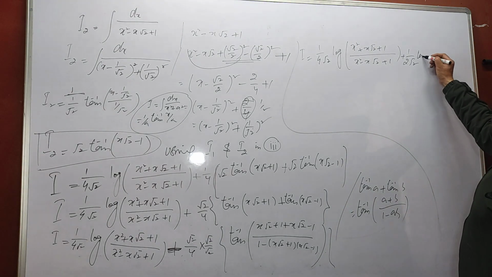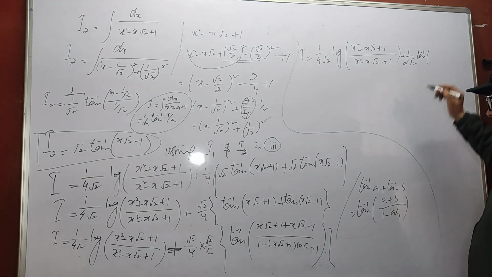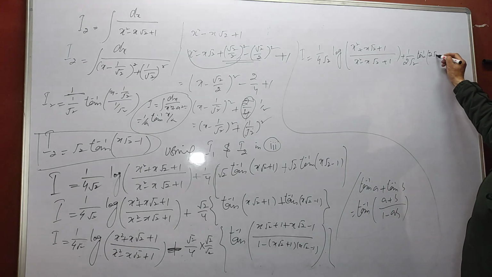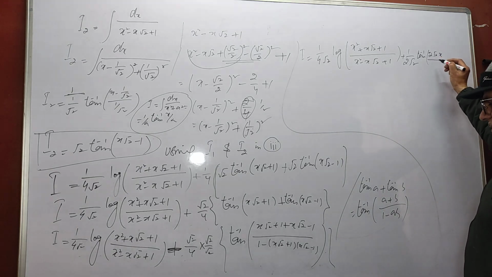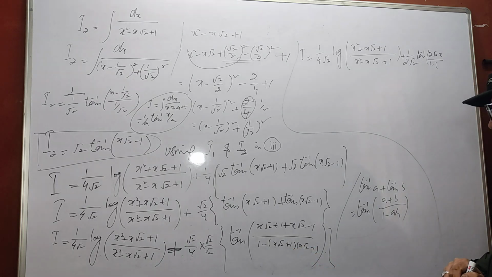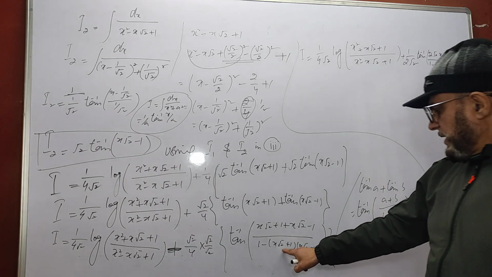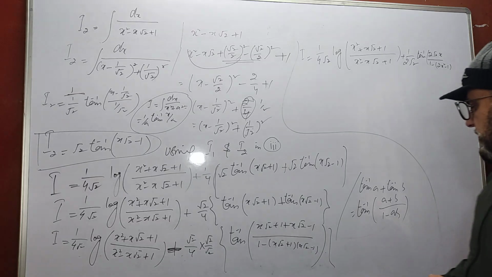Now this is tan inverse. What? The plus and minus go, it is 2 root 2 x upon 1 minus (a plus b) into (a minus b). It is 2x square minus 1. Just look: (a plus b)(a minus b) is a square minus 1 square.